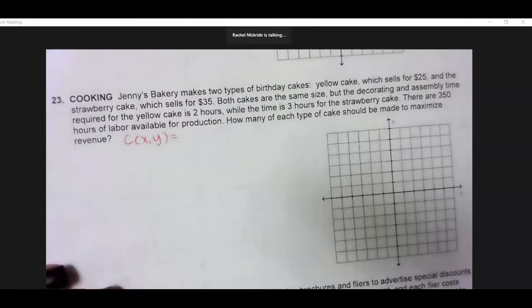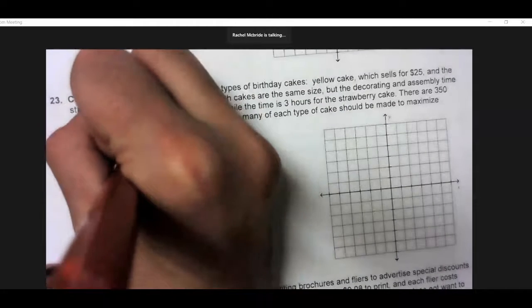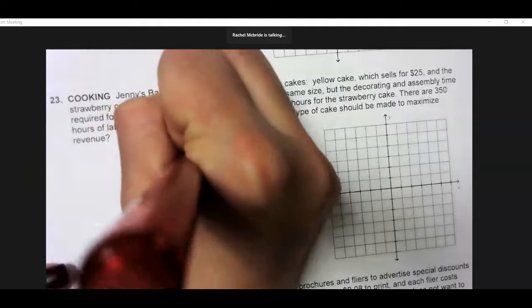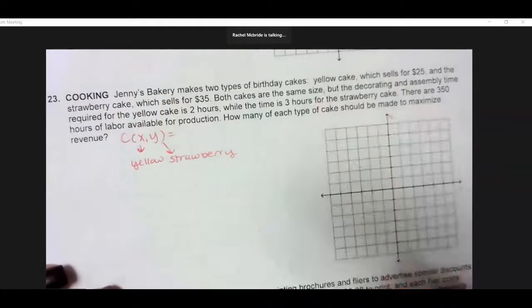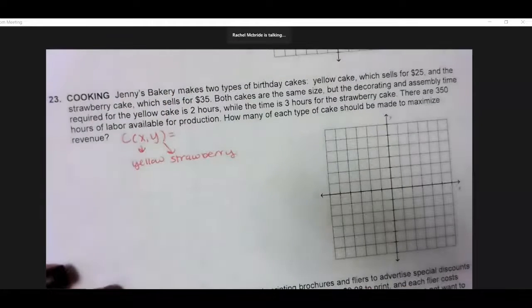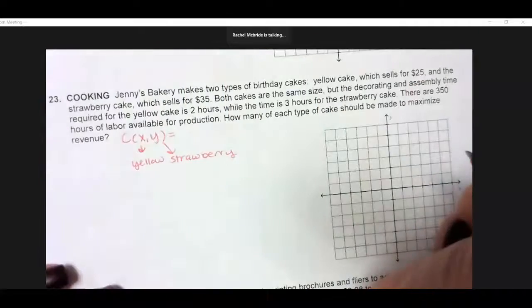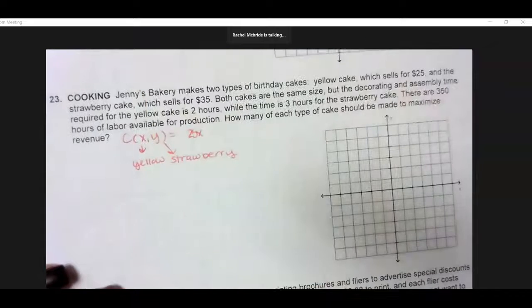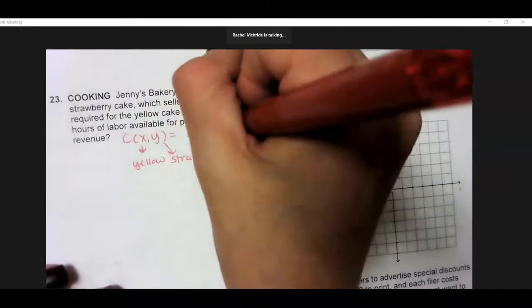So we'll say that X is yellow cakes and Y is strawberry cakes. So X is yellow, Y is strawberry. And then that gives that this cost or revenue function is 25X plus 35Y.